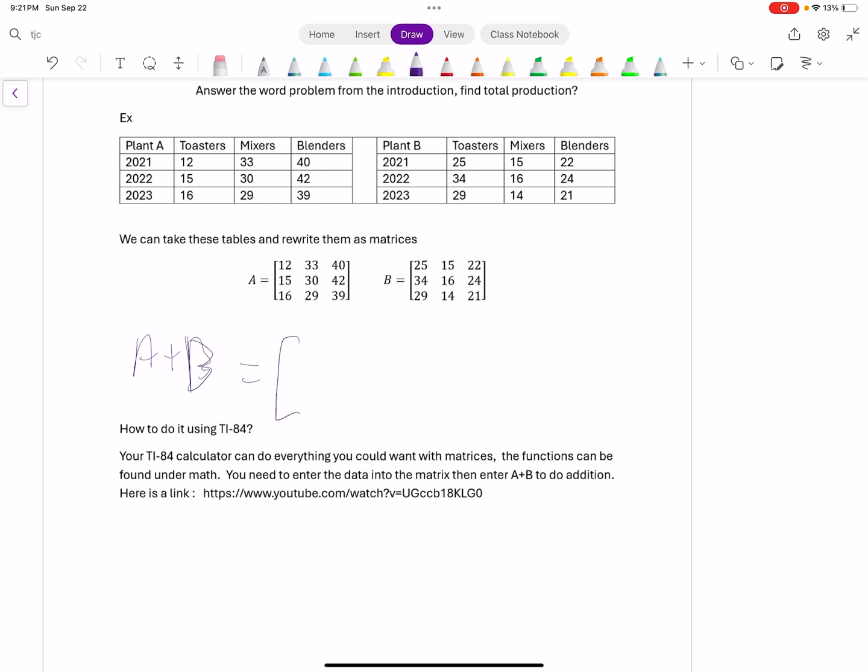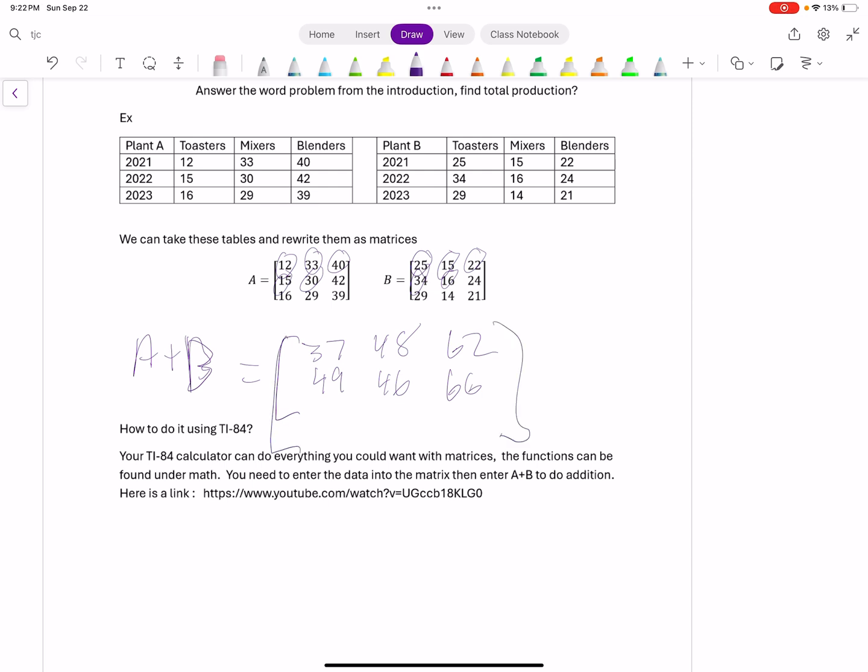Well, that would be 12 plus 25, which is 37. 33 plus 15, which is 48. 40 plus 22, which is 62. 15 plus 34, which is 49. 30 plus 16, which is 46. 42 plus 24 is 66.